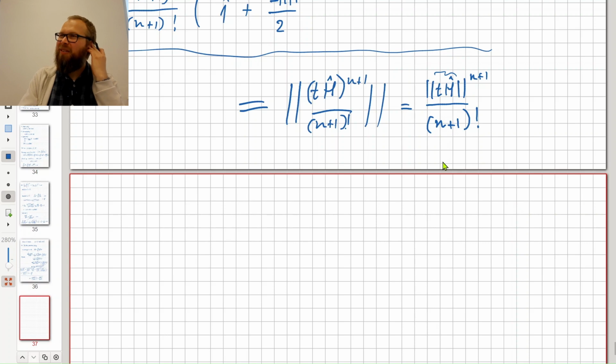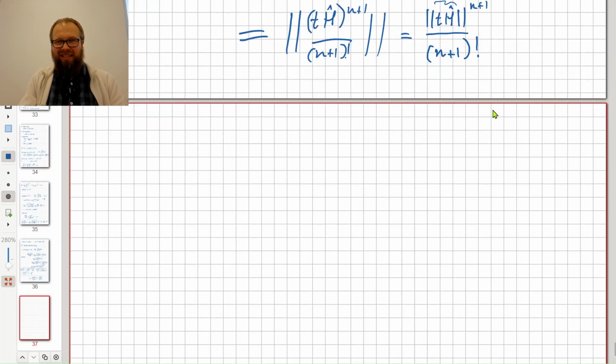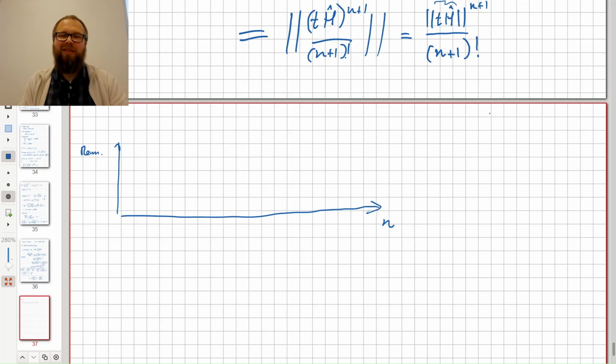Imagine how this thing looks, right? If I drew some kind of plot, n here, and here would be the magnitude of the remainder. There will be some maximal value at some n critical, I don't know how to call it, and then it will just get violently suppressed by the factorial, right?